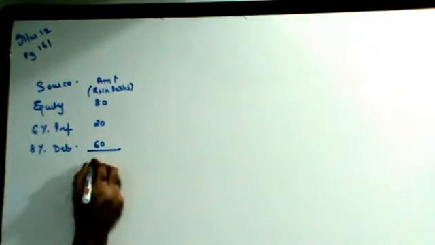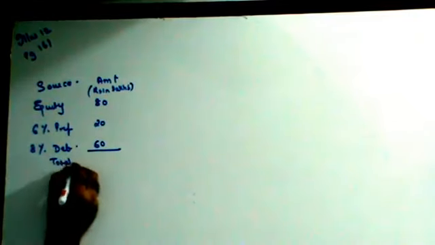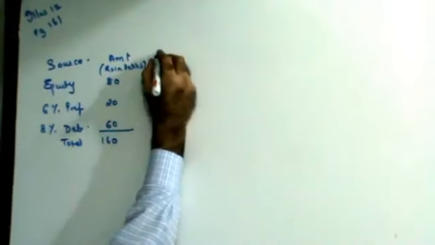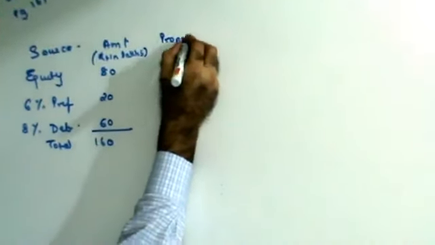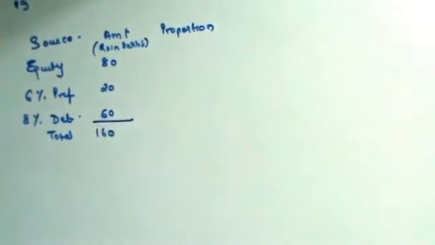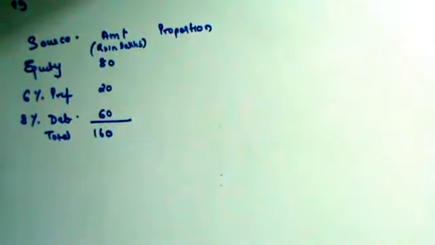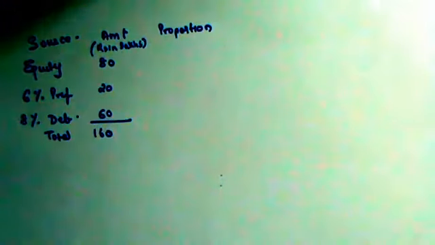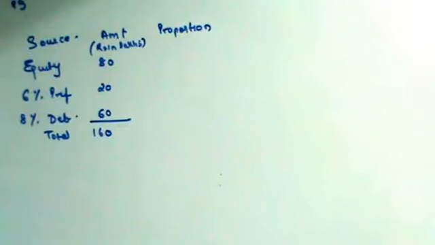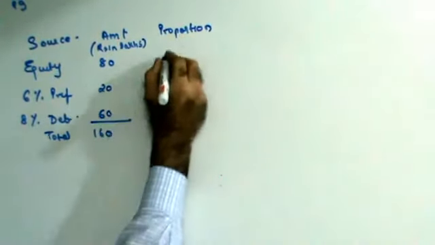Okay, so the total is going to be 160 lakhs, right? Now the first thing that you need to do is find out proportion. How do I find out proportion, guys? Amount divided by total. So it is going to be equity divided by total. Equity is 80 lakhs divided by 160 lakhs.